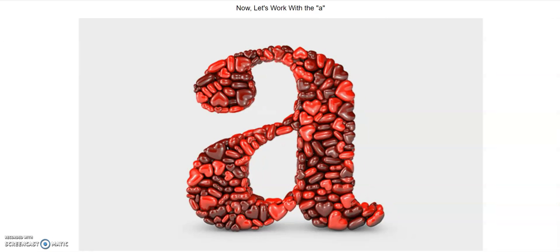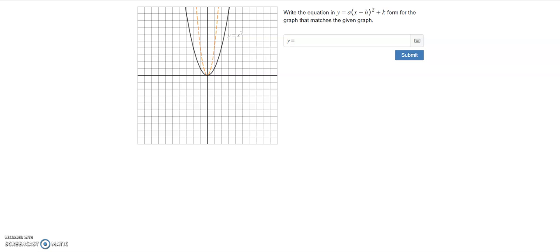All right. So I'm just going to play with the A right now just to get some practice with this. The black is my original parent. And all I'm doing is making it a little tighter, so it's skinnier. The deal is, in order to make it skinny, your A gets higher than 1.